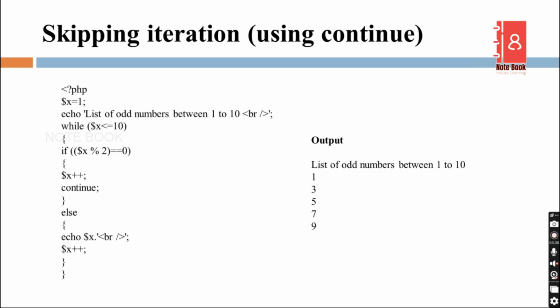Else echo $x, then $x++. So what will be the output of this code? The list of odd numbers between 1 to 10: 1 will be printed, then 3, 5, 7 and 9 will be printed, since it prints only odd numbers between 1 to 10.